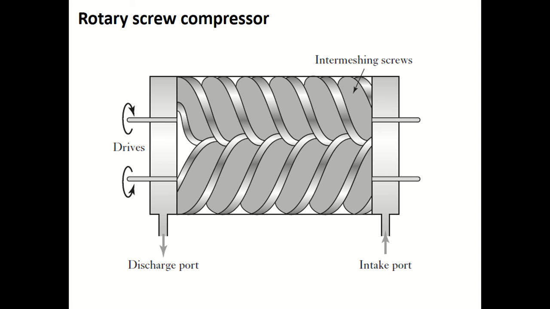This trapped air is moved along the length of the screws and compressed as the space becomes progressively smaller, and then it is expelled from the discharge port. Typically single stage rotary screw compressors can be used for pressures up to 1000 kPa with flow rates between 1.4 meter cube per minute and 60 meter cube per minute free air delivery.